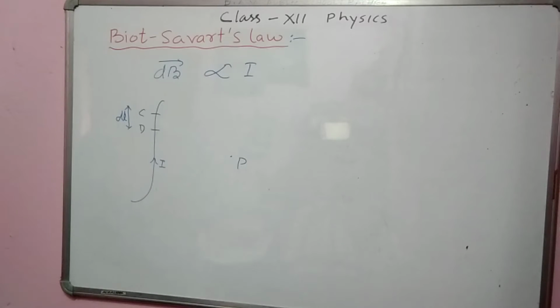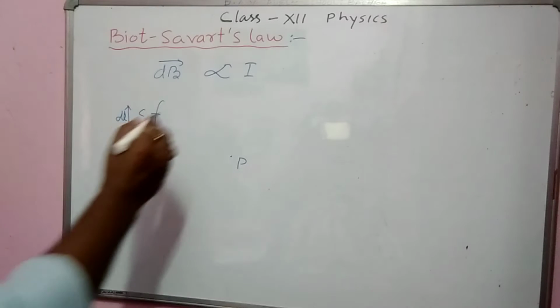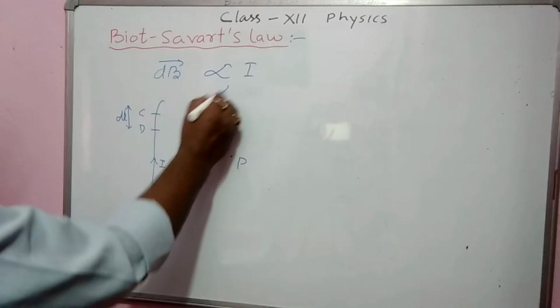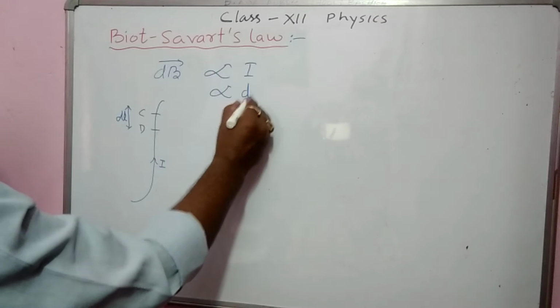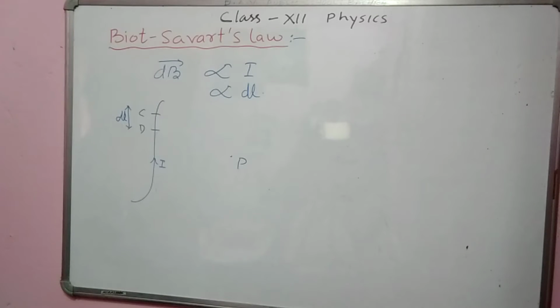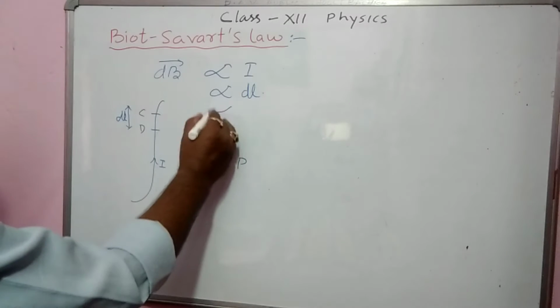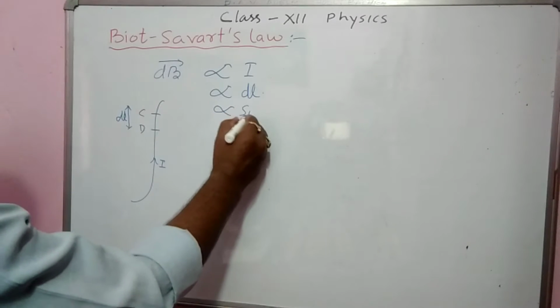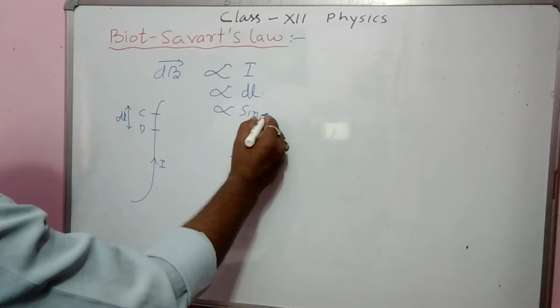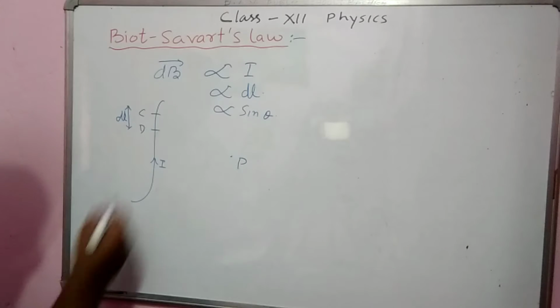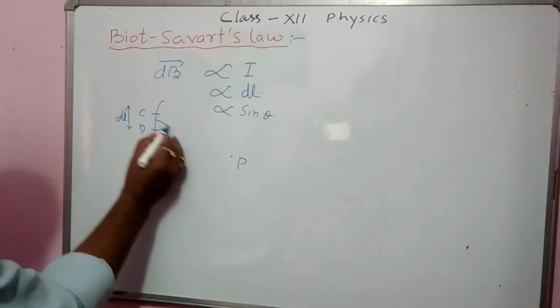It is directly proportional to the strength of the current, directly proportional to the length of the current element, and directly proportional to the sine of the angle theta between the line joining the point and the current element.